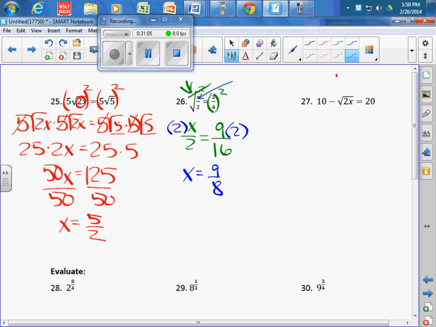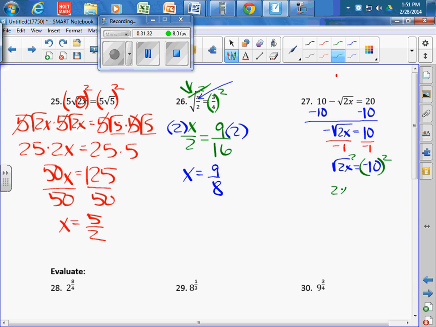In number 27, we're going to have to subtract 10 from both sides first. Negative radical 2x is equal to 10. I do not have the radical isolated yet. I need to divide both sides by -1 so that I end up with radical 2x equals -10. Squaring both sides, I have to square the right side.